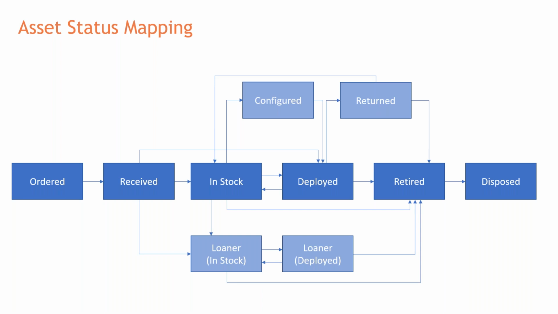You may purchase things, and they go straight into being loaner stock. Maybe the old stock that's sat in your stockroom for a while can then become loaner stock. It's no good for actual permanent devices, but it's perfectly fine for loaner kit. So we'll degrade it to that, into loaner stock. Obviously, you can go back and forth from loaner stock to loaner deployed as it goes in and out.